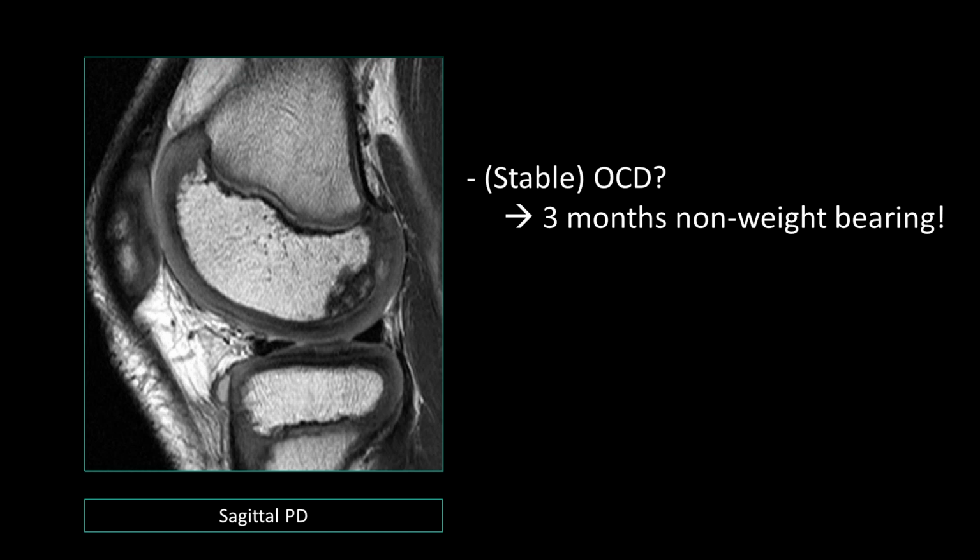If that were the case, that's very bad news for our athlete, because treatment would involve 3 months of non-weight bearing. So we have to be sure and see if there is not another diagnosis that can fit the bill. For this, we need to have a look at our fat-saturated T2 weighted images.